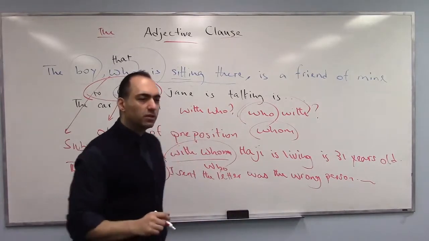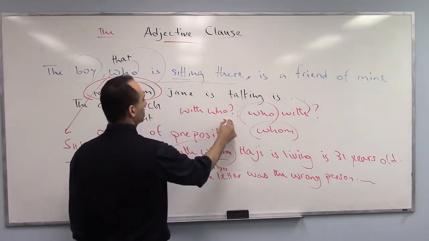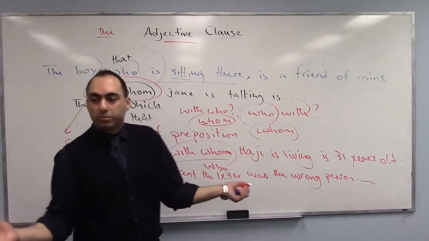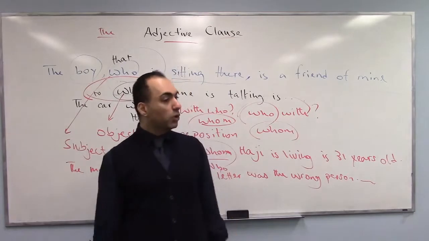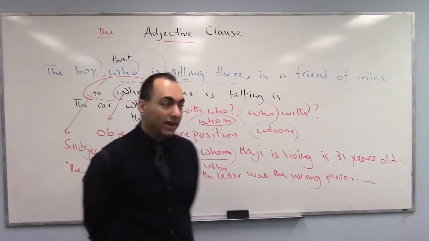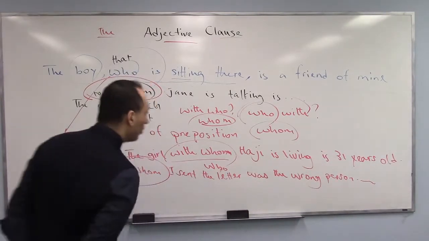I live with a person. With who. But in grammar, I should say with whom. Also, in spoken English, some people prefer to speak more properly, so they say with whom. So with who or who with?